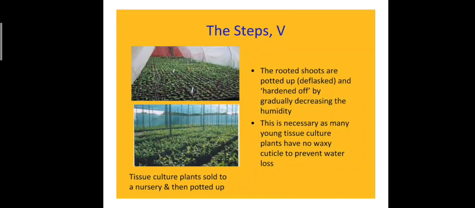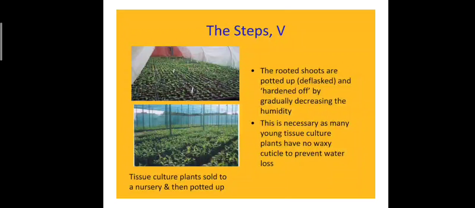So first, in brief, there are different steps. The first step is preparatory. Here it involves preparation of nutrient medium, explant selection, explant sterilization, and explant inoculation. After inoculation, it develops new shoots if it is a shoot-inducing medium, or it may develop a callus. Both may be the condition.